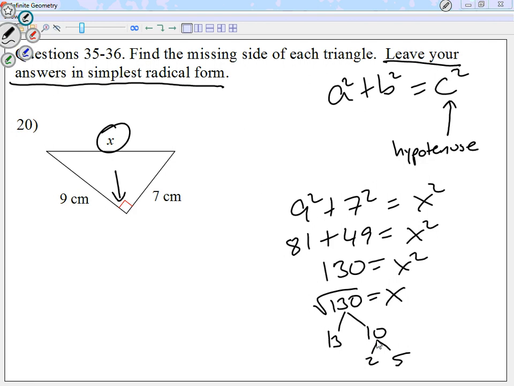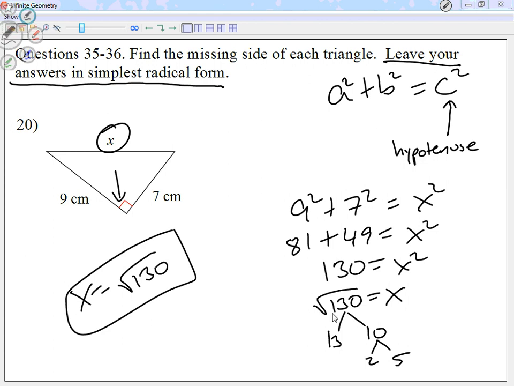If you have any groups, in my case, I don't. I don't have any groups, so nothing goes out. So I'm going to say x is the square root of 130. Right? Nothing goes out, so I just put it all back together. I just checked if I could simplify it, but in this case, I cannot. Calculators will give you a decimal, but I'm asking for simplest radical form, not a decimal.